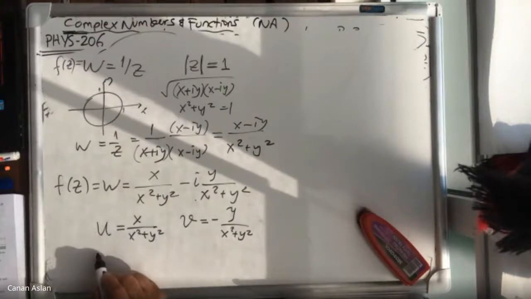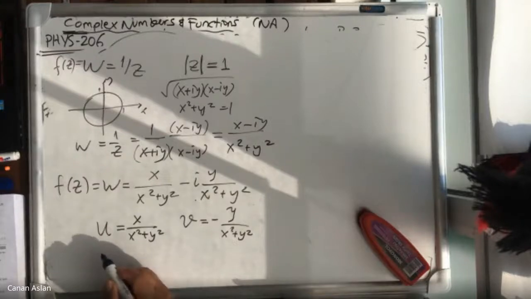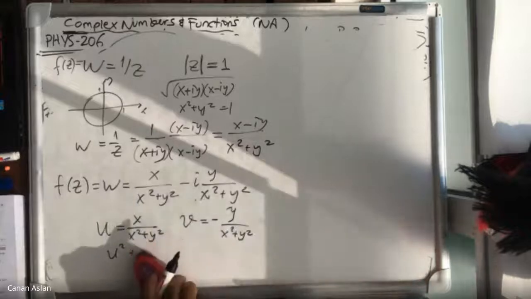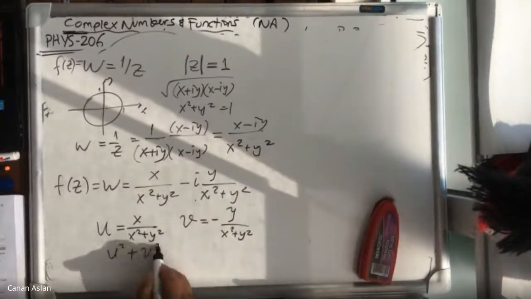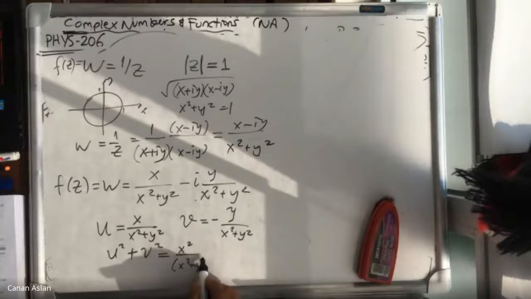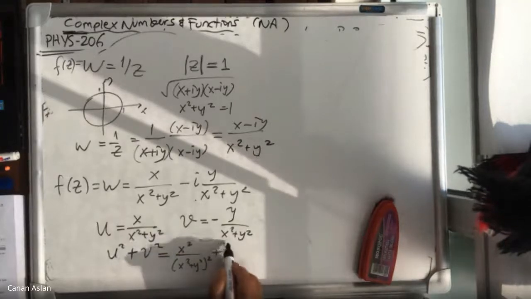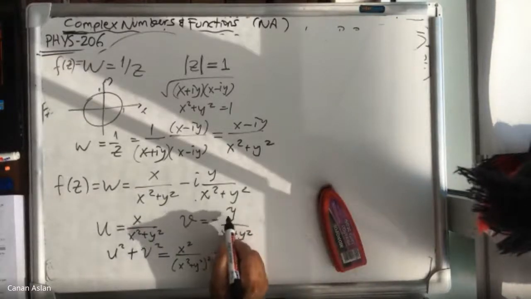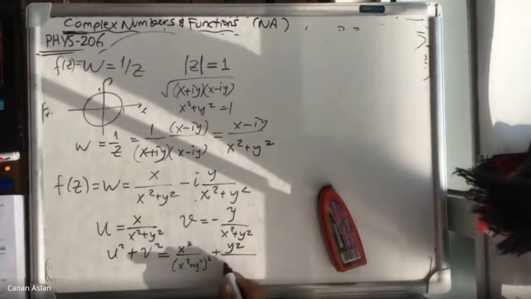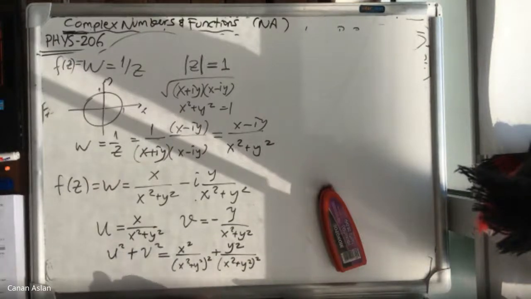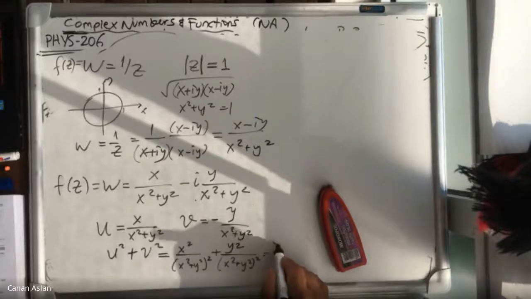If you take the squares of u and v and add them up, what you get is x squared divided by x squared plus y squared squared, plus y squared, because the square of minus y is just y squared, divided by the square of x squared plus y squared.